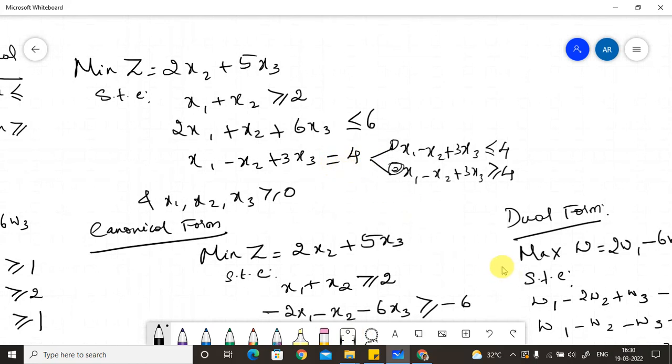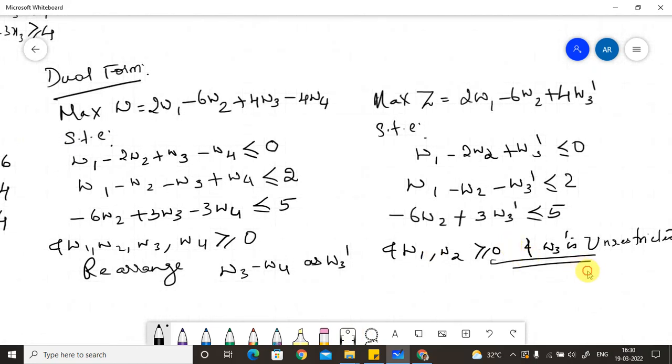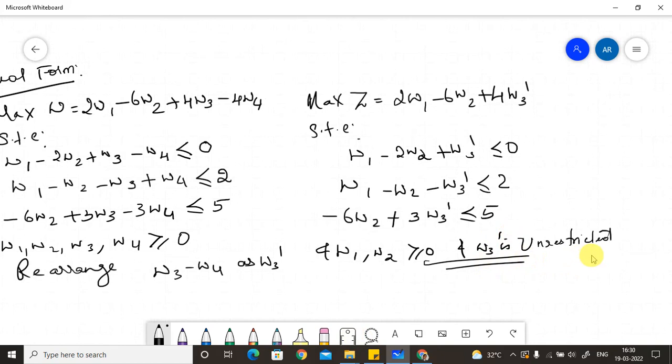That's the reason we are writing that the third variable w3 dash will be unrestricted.